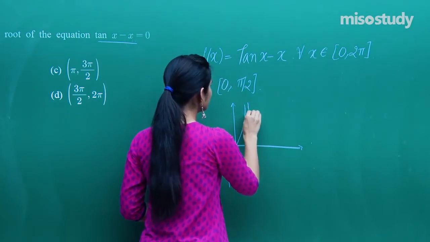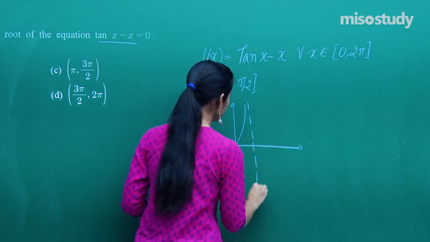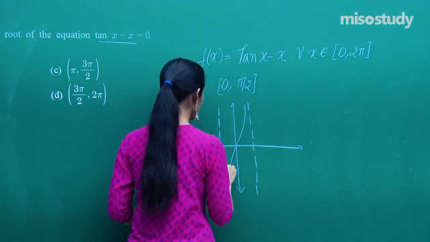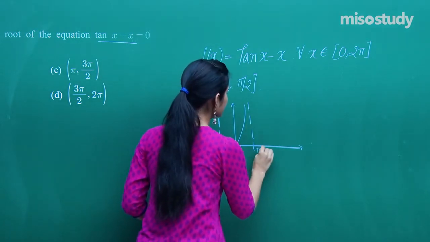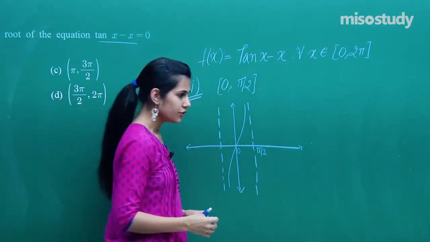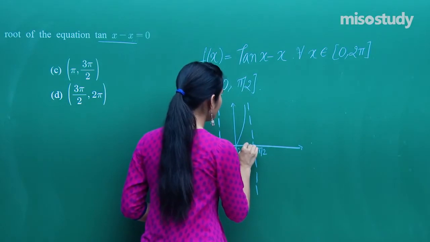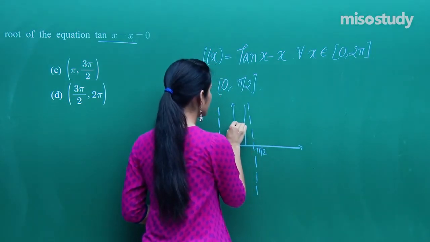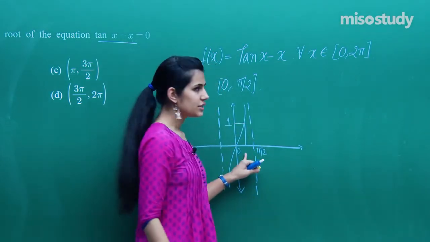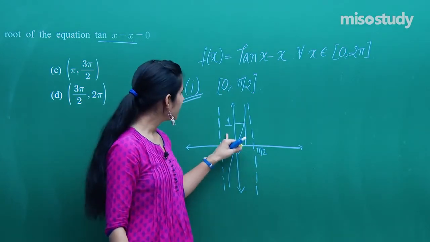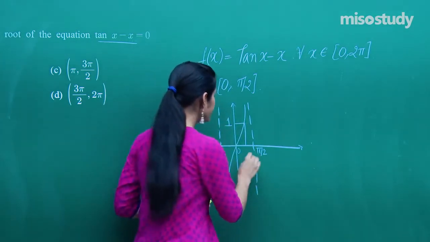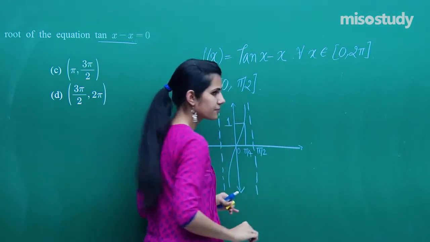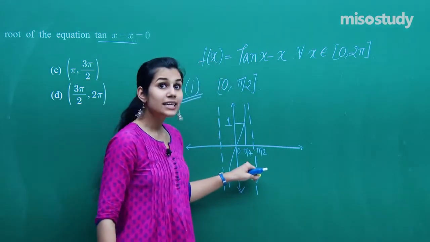This is how the tan function goes from 0 to pi by 2. This is 0, this is pi by 2, right? At pi by 4, the tan is giving you value 1. And pi by 4 is less than 1.